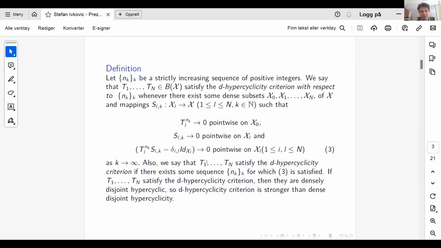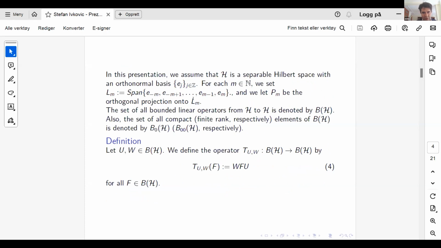Of course, if T1 up to Tn satisfy the criterion, we say so if there exists such a sequence n_k for which this holds. And then I want to say that this D-hypercyclicity criterion is stronger than the property of being densely disjoint hypercyclic. So it is actually just a sufficient criterion to test whether such a sequence is indeed densely disjoint hypercyclic.